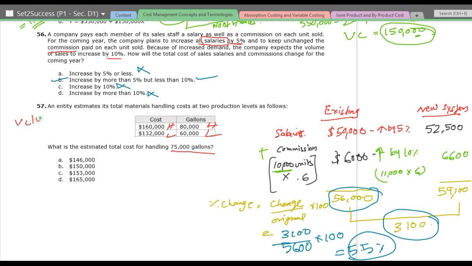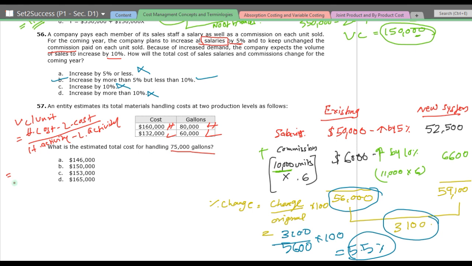Variable cost per unit is highest cost minus lowest cost divided by highest activity minus lowest activity. So this equals highest cost.